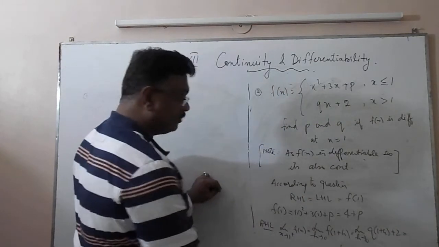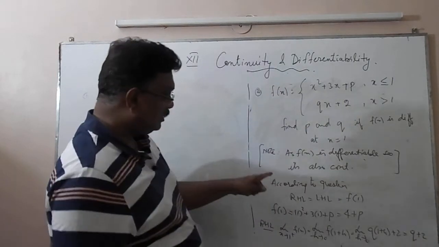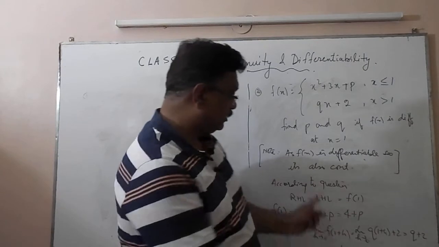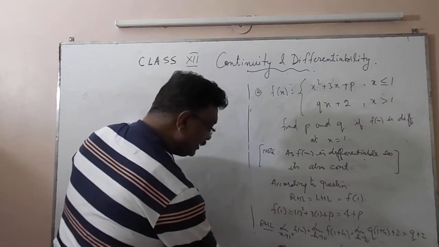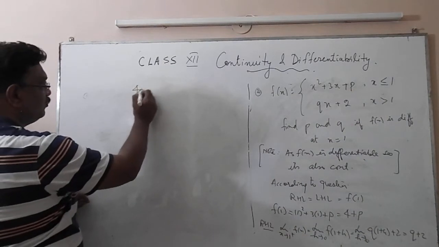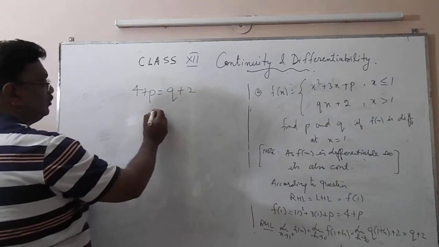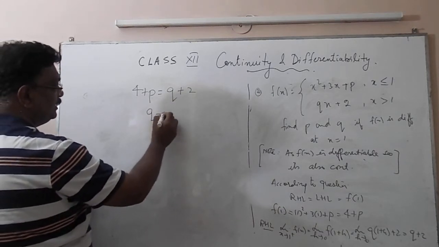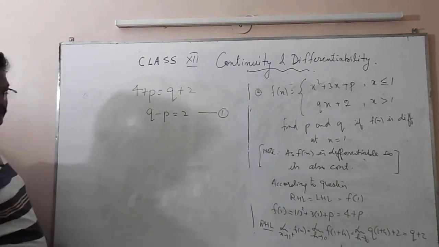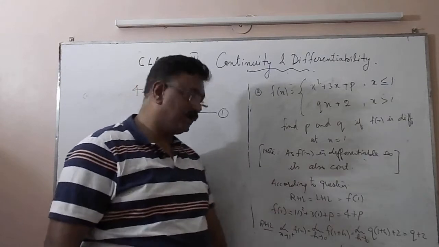So that gives you, on applying the limit, q plus 2. Here we have got 4 plus p, here we have got q plus 2. Equating both of them, we get 4 plus p is equal to q plus 2, or we say that q minus p is equal to 2. So this is one of the equations we have obtained by using the concept of continuity.